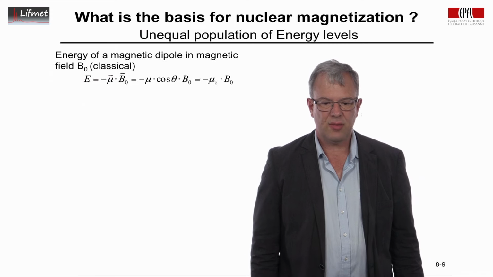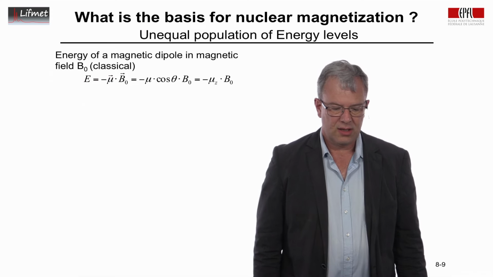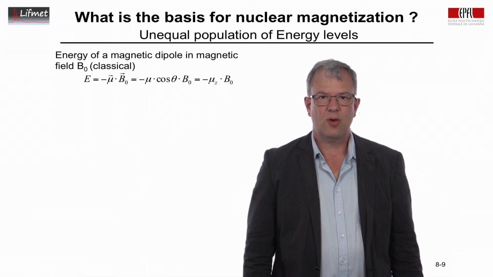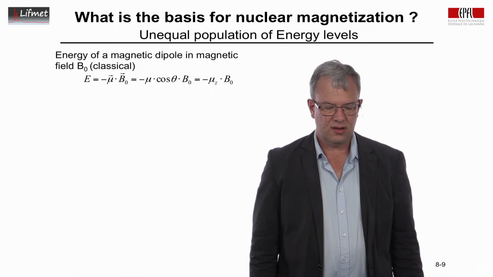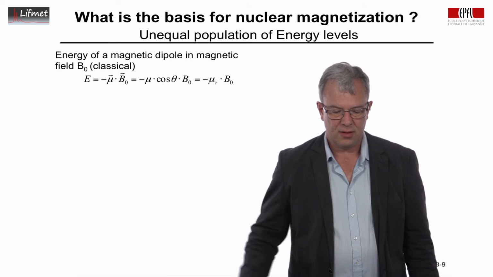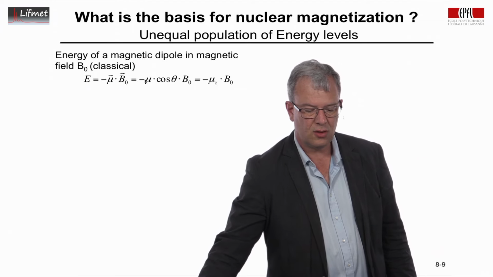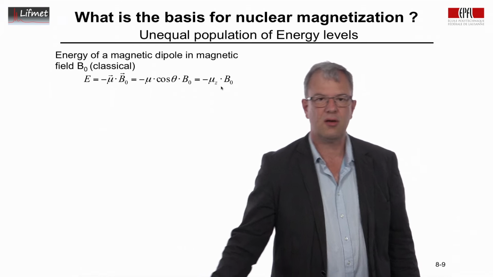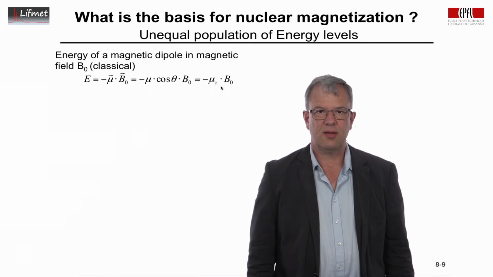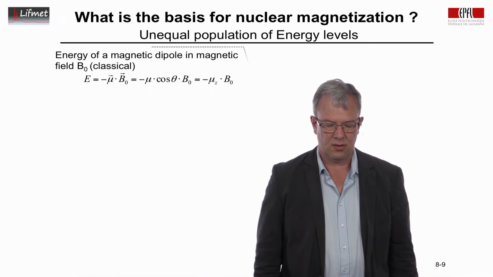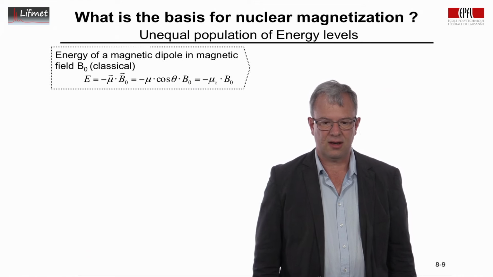The energy is given by the scalar product of the dipole moment with the external magnetic field, and it is given by mu times cosine. That's because of the scalar product, or if we say mu cosine, that is the z component of the dipole moment times B0. That is the energy of a magnetic dipole.